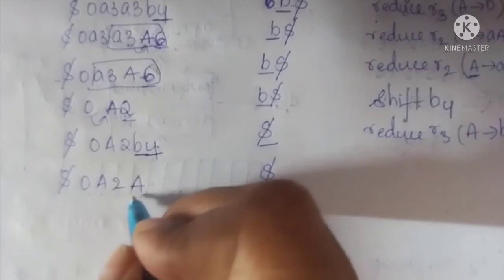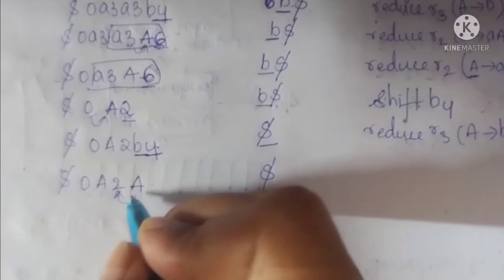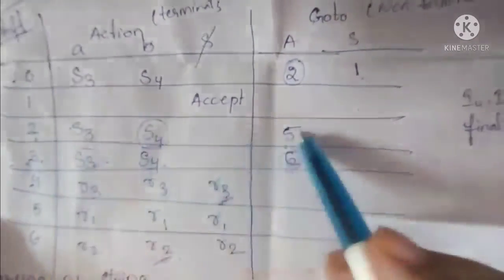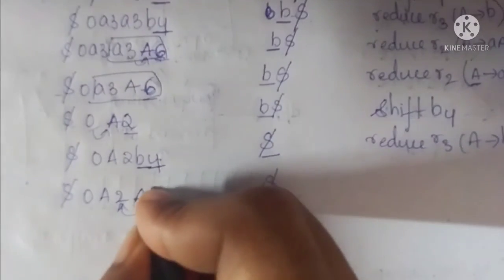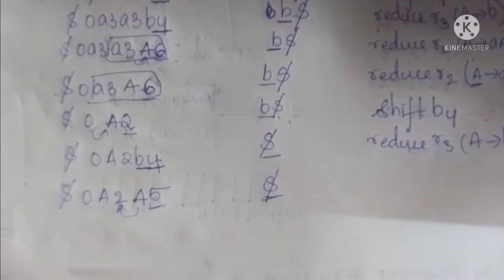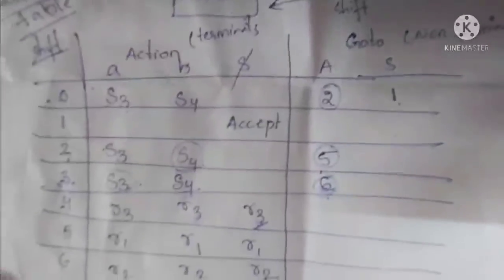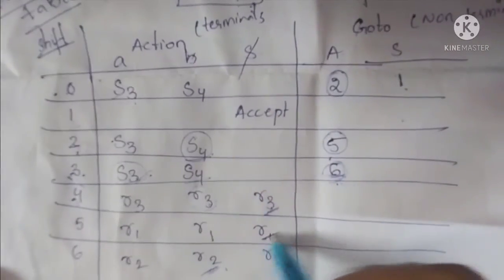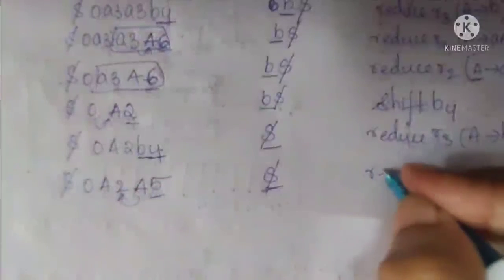Now you have to check for I2 state, where the A is going, go to statement. I2 to where the A is going: to the 5 number. Okay, write a 5 number here. Now check for I5 to dollar, where it is going. See the table: from I5 dollar, it is going to R1, so reduce R1.